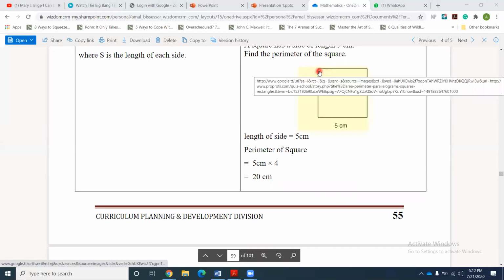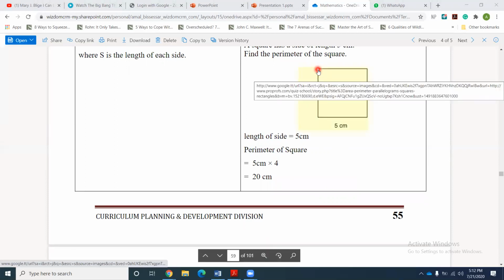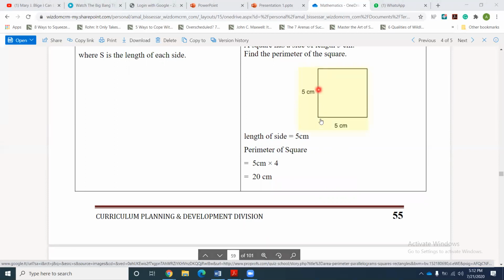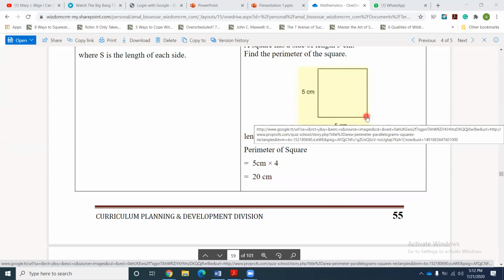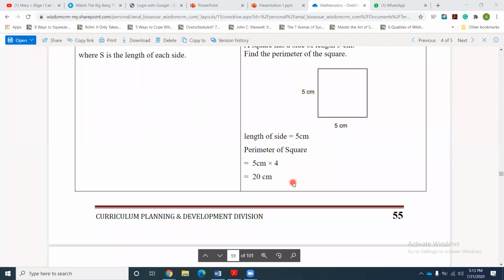And perimeter means if I stand here and I walk, I will walk 5 plus 5 plus 5 plus 5 to get 5 4s, 20. So perimeter of a square is side by 4. Why is it side by 4?